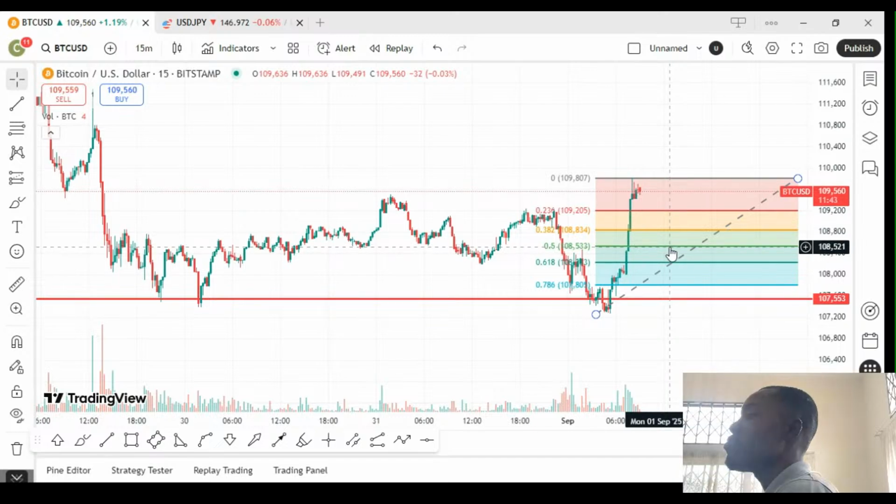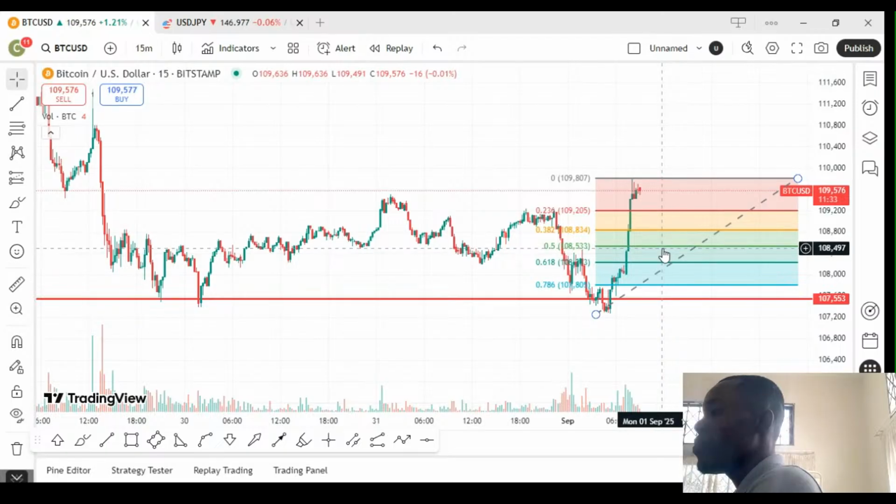How are you going to do that? The market must make some form of support over there. The support I'm talking about can be a bullish engulfing candlestick.